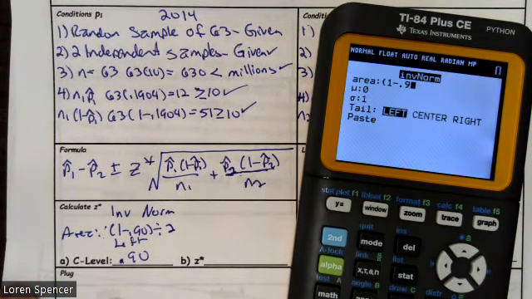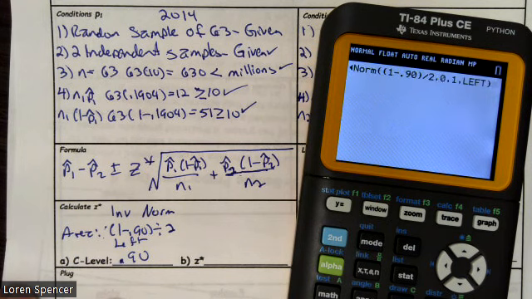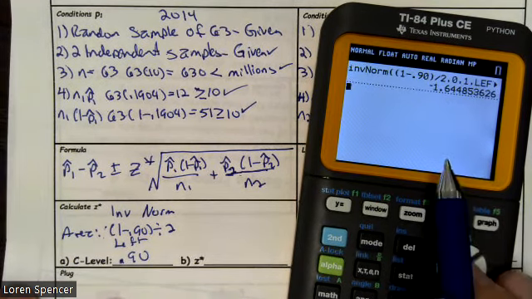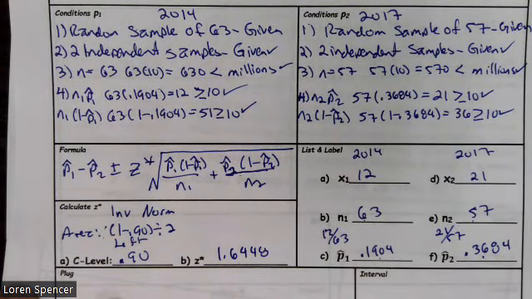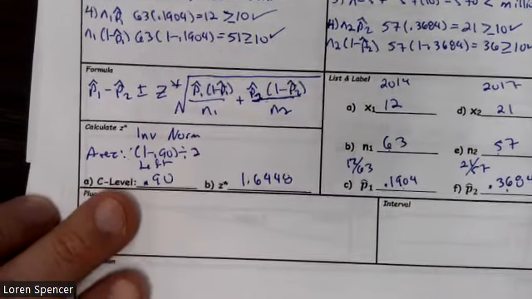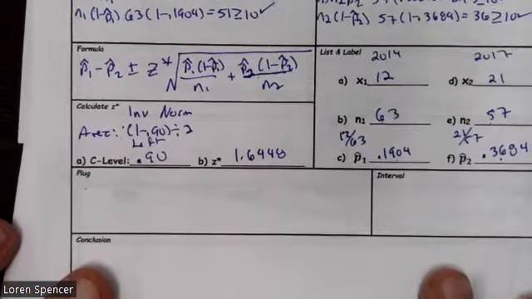Parenthesis 1 minus 0.90, close parenthesis, divided by 2. Mean is 0, standard deviation 1, left. And we get 1.6448.